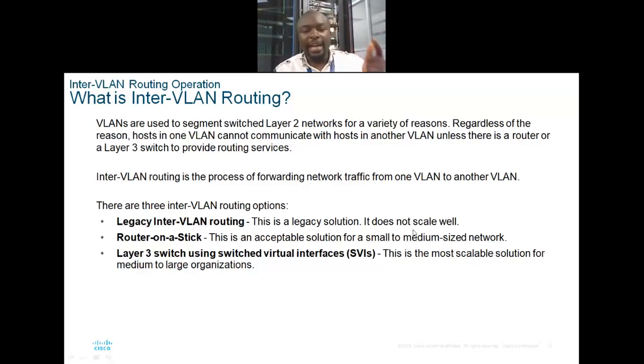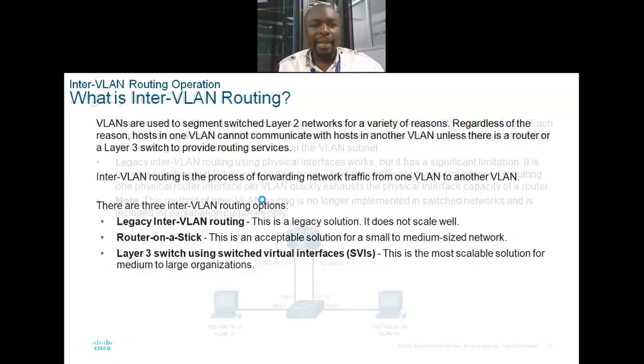This is an acceptable solution for small to medium-sized networks, and we'll understand why it is called router on a stick. Then layer 3 switch using switch virtual interfaces. This is the most scalable solution for medium to large organizations. So these are the 3 that we are going to be looking at. I'm so excited about it, and I believe you should be excited as well.